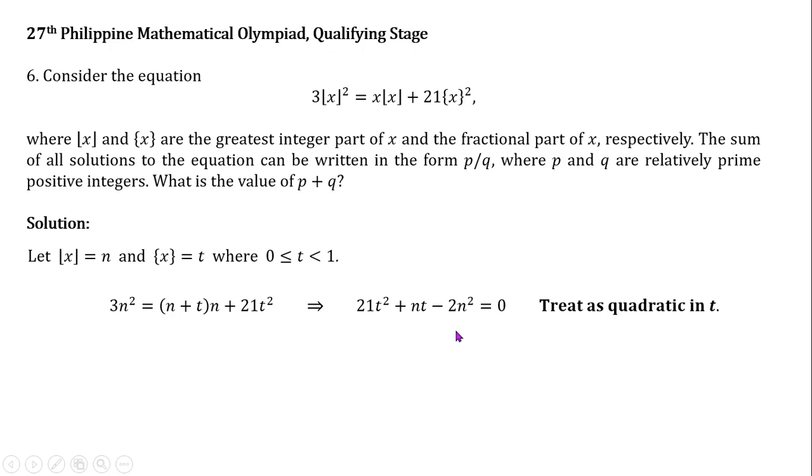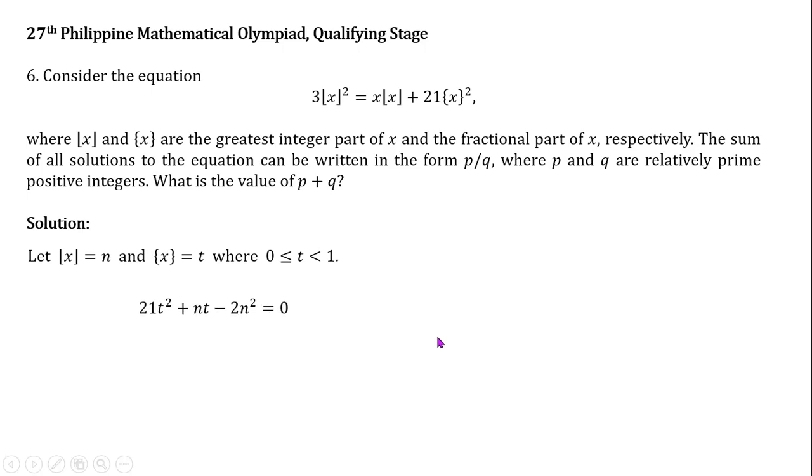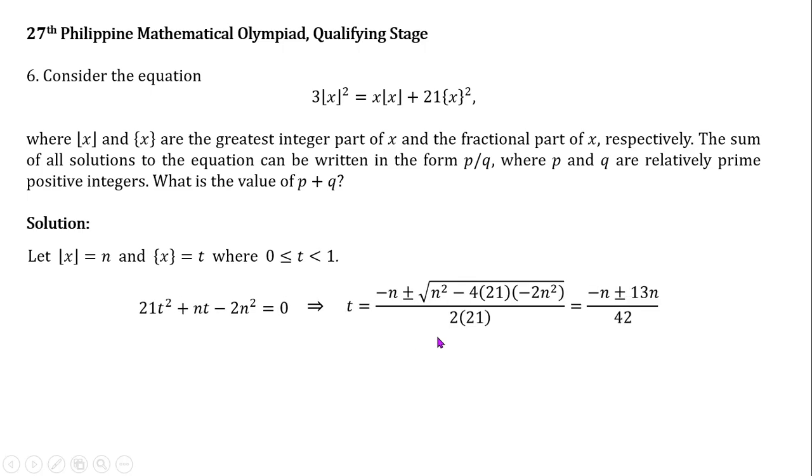So, by using the quadratic formula, we have that t is equal to negative n plus minus 13n over 42. So, there are two possible cases for the values of t. These are t equals 2 over 7n and t equals negative 1/3 n.